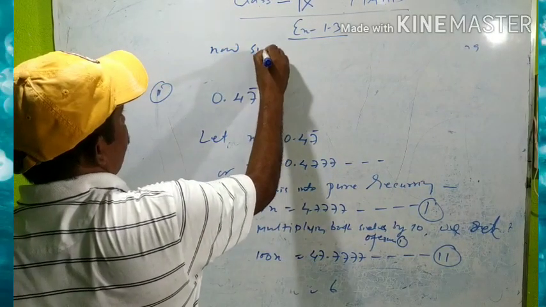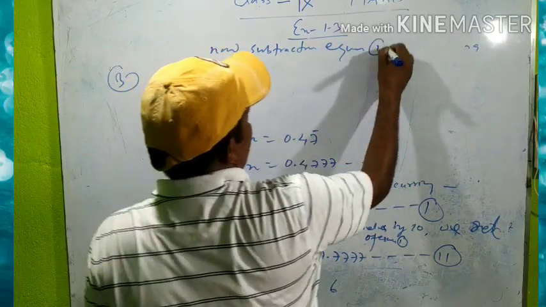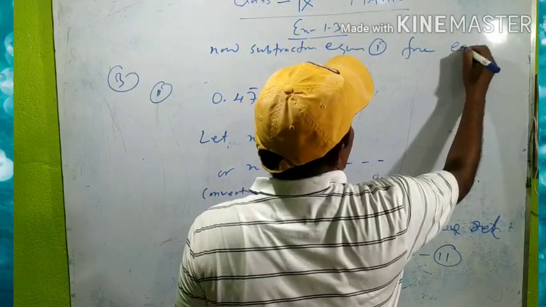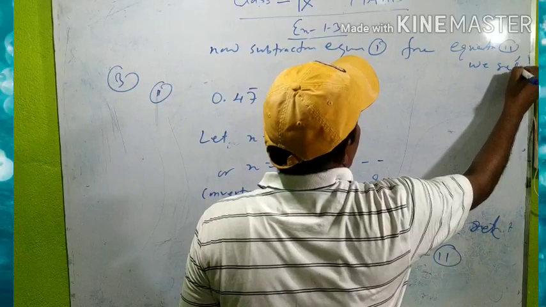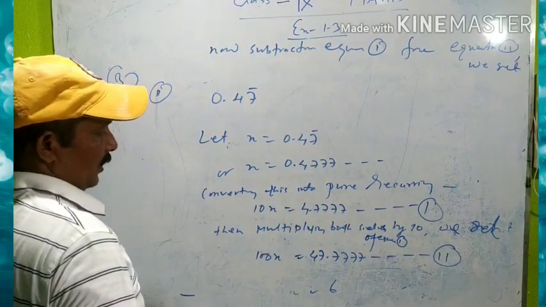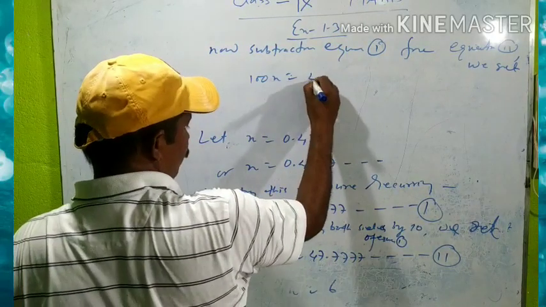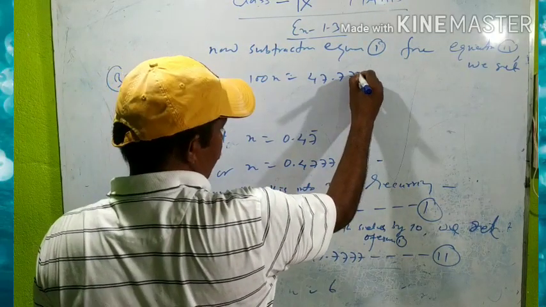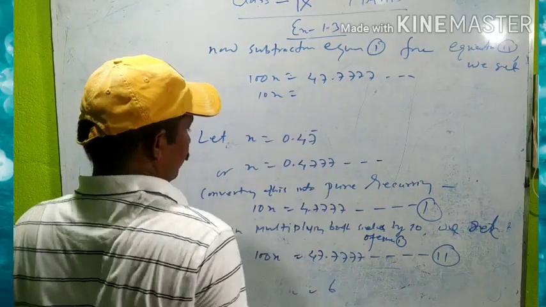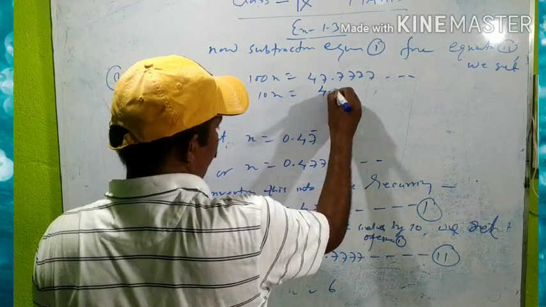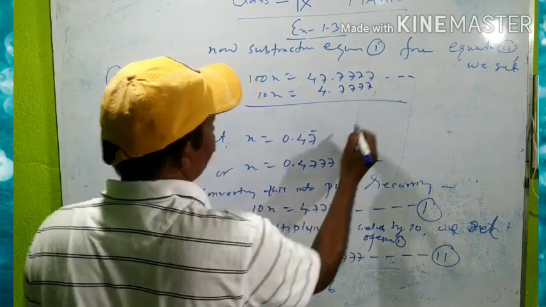Now subtracting equation first from equation second, we get: 100x is equal to 47.77, 10x is equal to 4.7 like that.